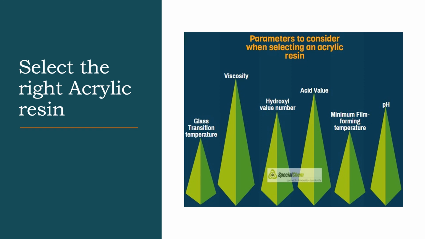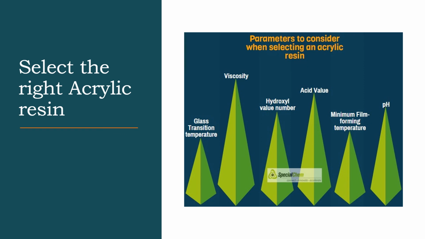Then coming on pH value. pH, actually, for water based acrylic resins, we know that pH is a very important parameter because water based paints are very susceptible to microbial growth. Bacteria can grow in the paint and can reduce the pH of the paint. And we know that acid is very good food for bacteria and fungus.